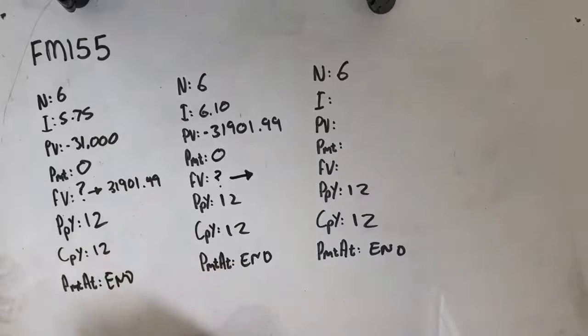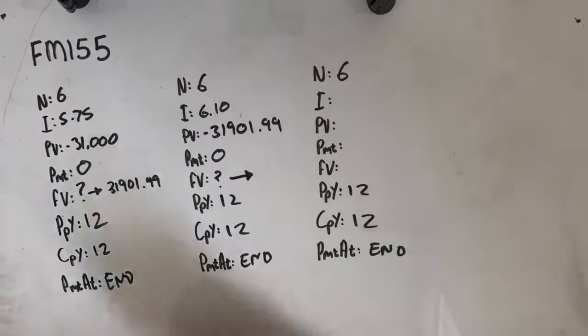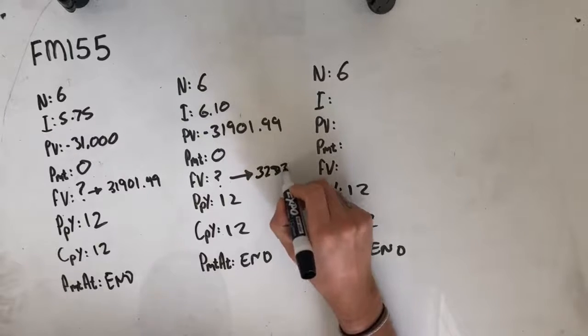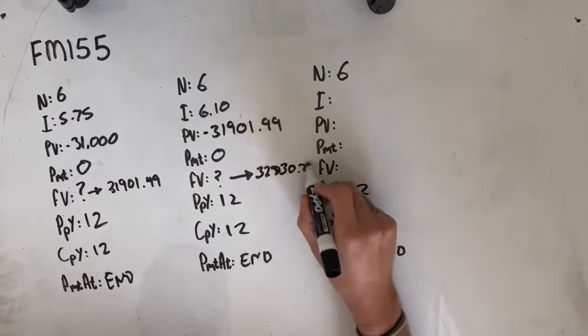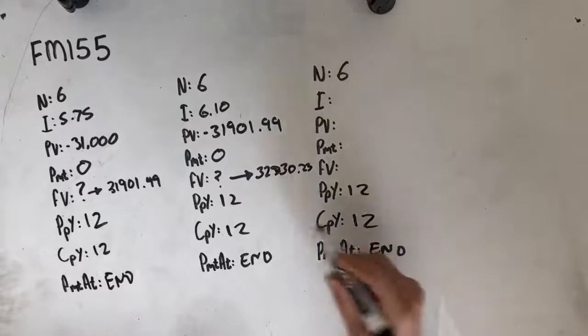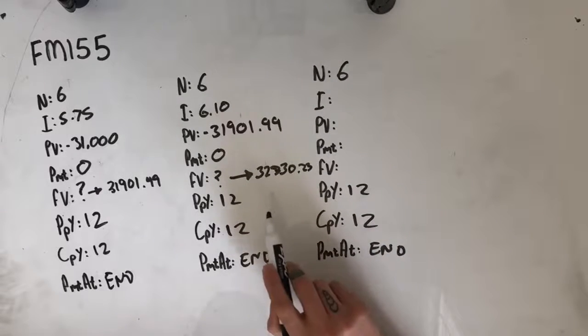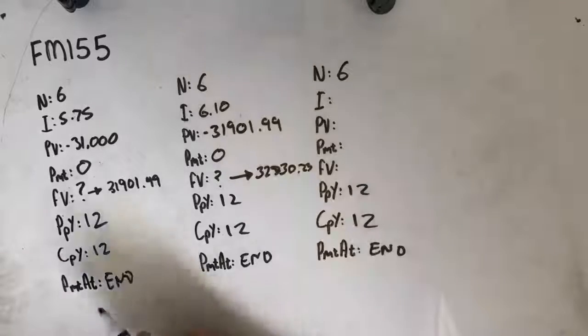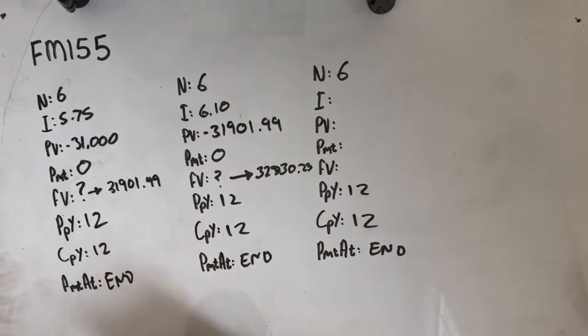So putting this into finance solver once again should land you with an answer around 32,830.23. Once again, I've rounded that. So we should have an investment of $32,830.23 after the second 6 month period.